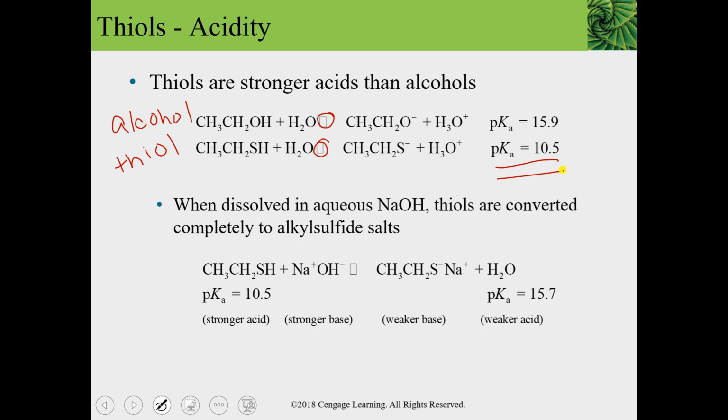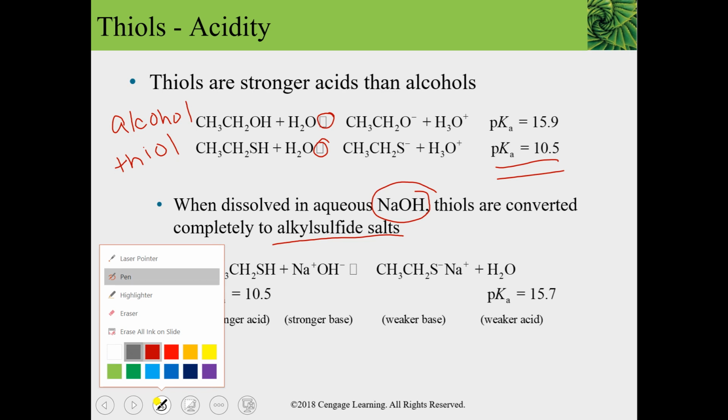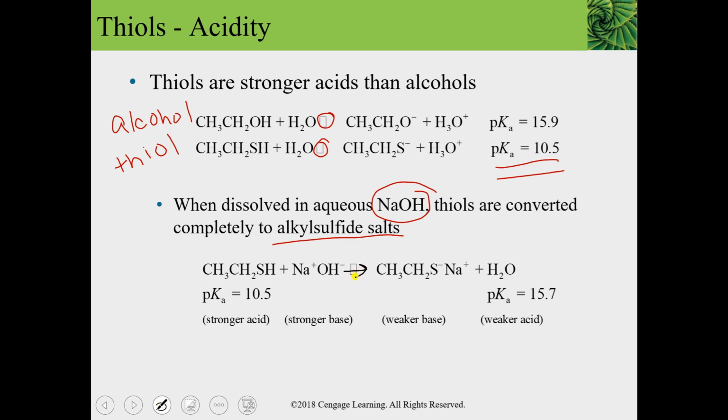So if we were to dissolve a thiol in a very strong base, such as sodium hydroxide, we're going to completely convert the thiol to an alkyl sulfide salt. So what does that mean? Well, if we have this thiol here, this hydrogen is going to come off, and this is going to get added.